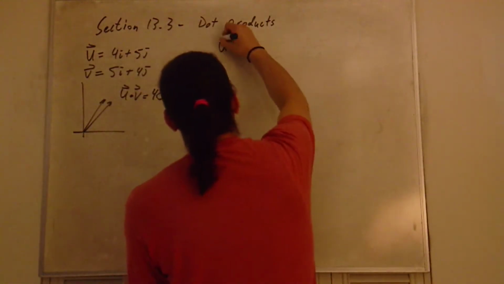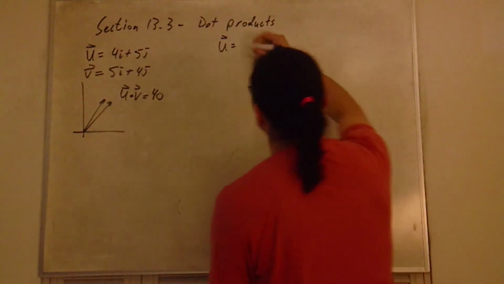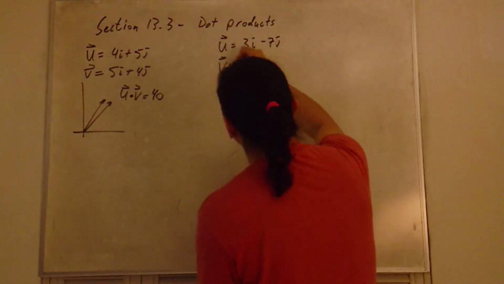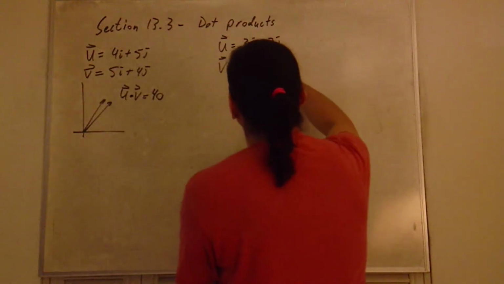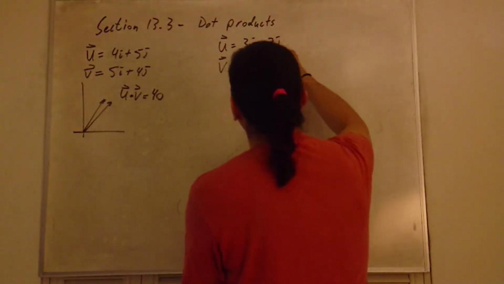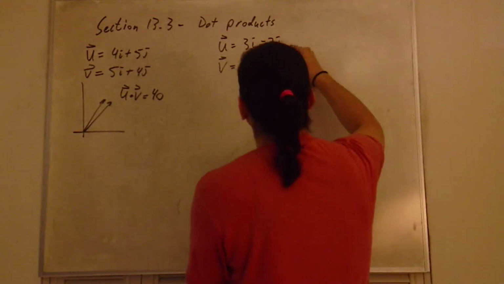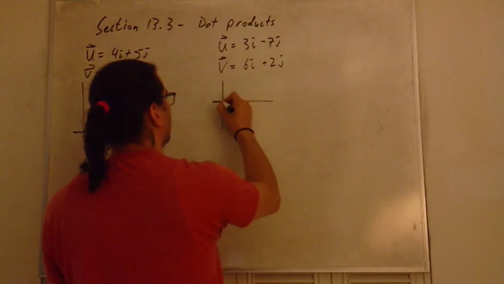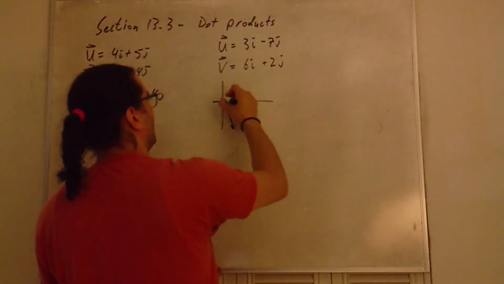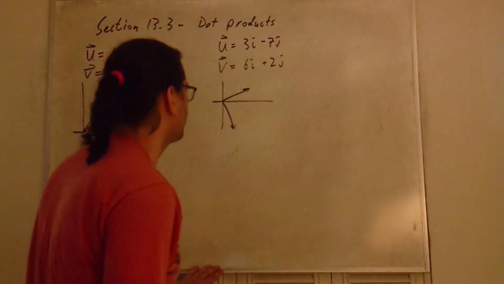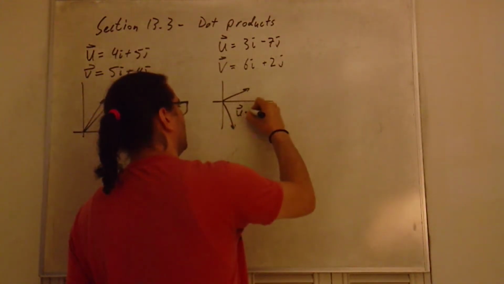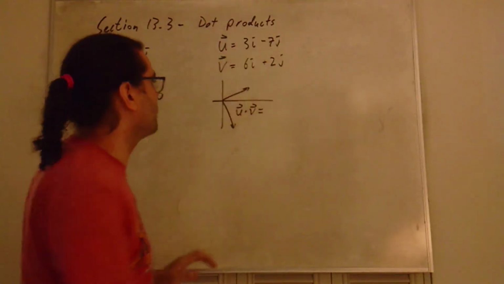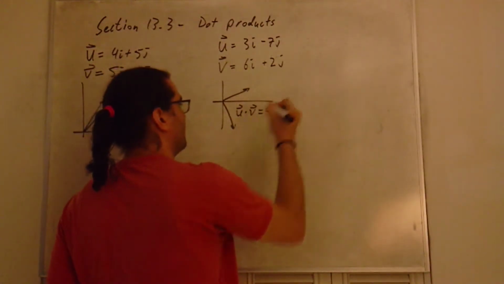Let's do u as 3i minus 7j and v as 6i plus 2j. These vectors are here, here's u, and here's v, and the dot product here is positive 18, negative 14, this will be a negative 4.